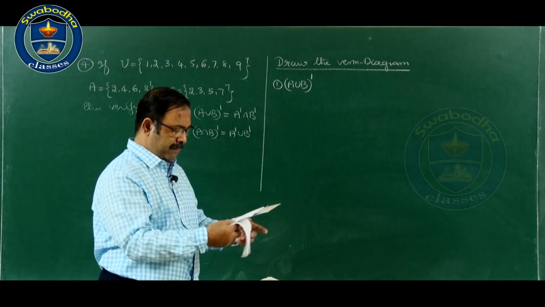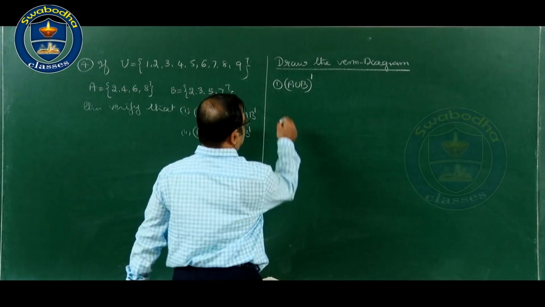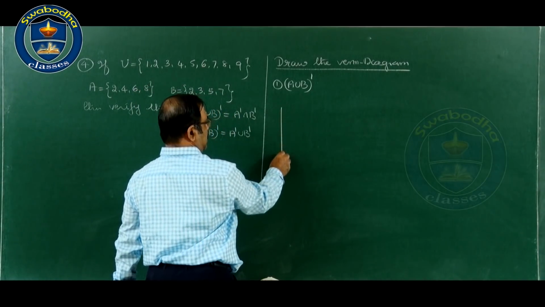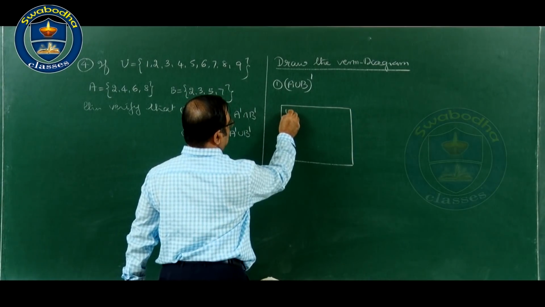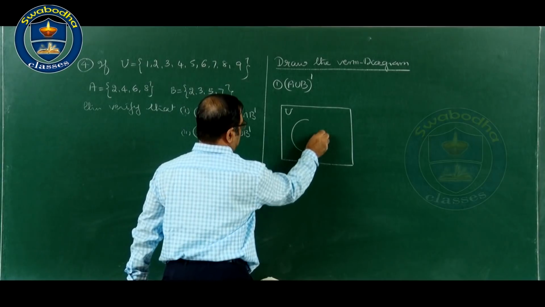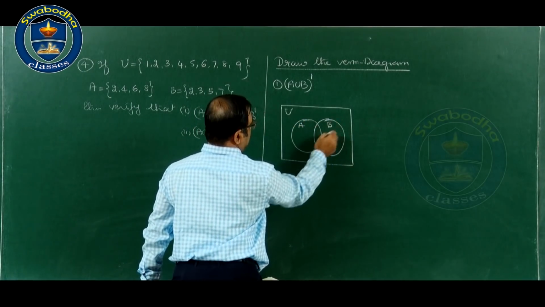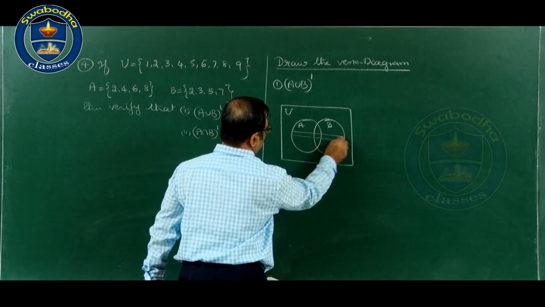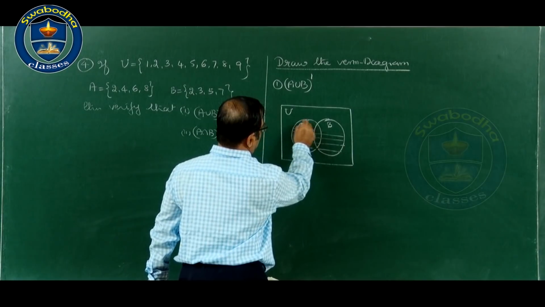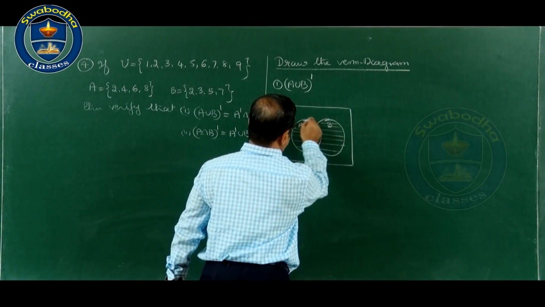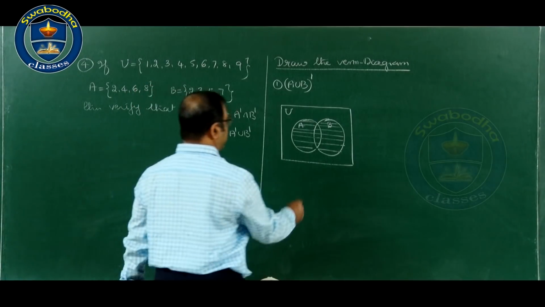Draw the Venn diagram for A union B complement. Say, first, let us write, this is U, set A, set B, A union B. This is A union B.